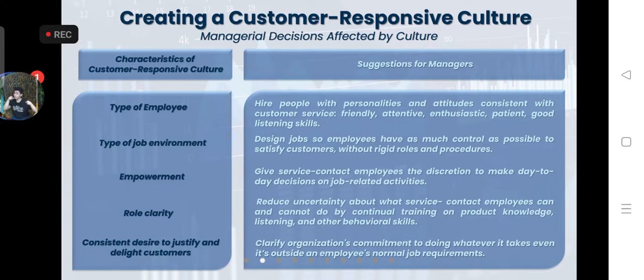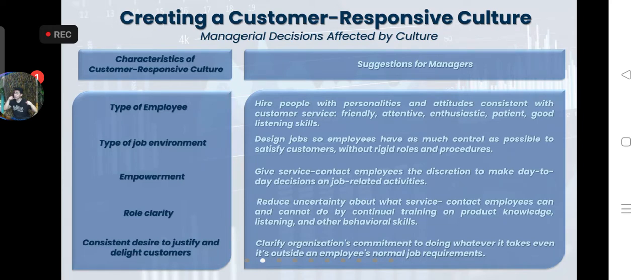As you can see in the book, there is an exhibit entitled Creating a Customer Responsive Culture.